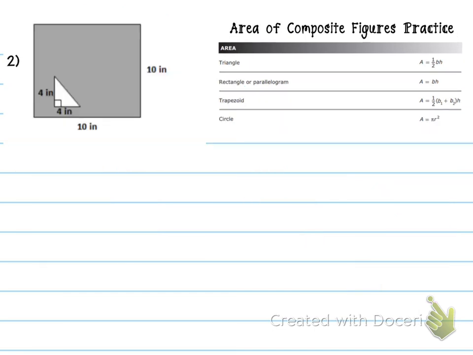Okay, going to number 2. Again, we see shaded and unshaded. So we're going to find the area of shaded. Write that on your paper. Area of shaded question mark. Okay, so we have shaded and unshaded. So I always like to label my work.